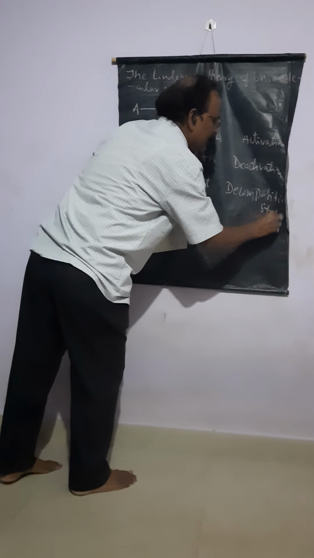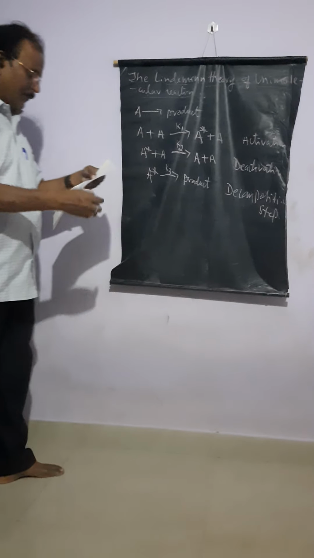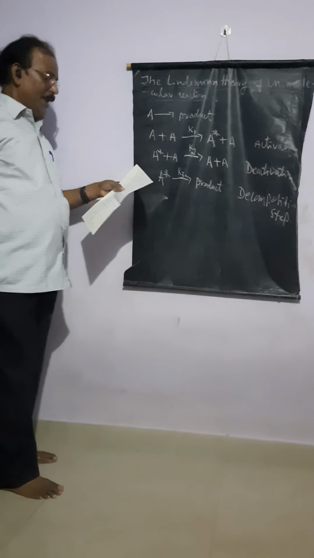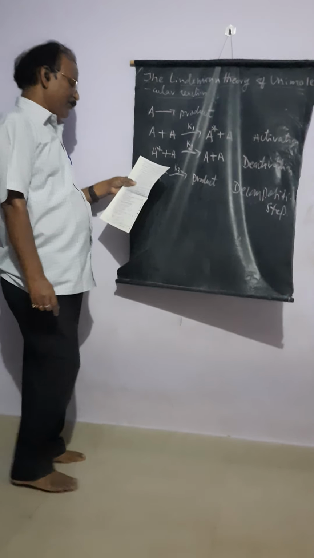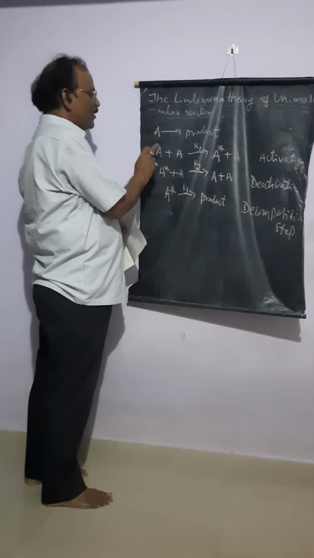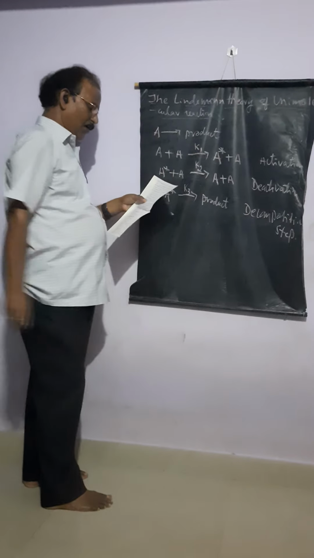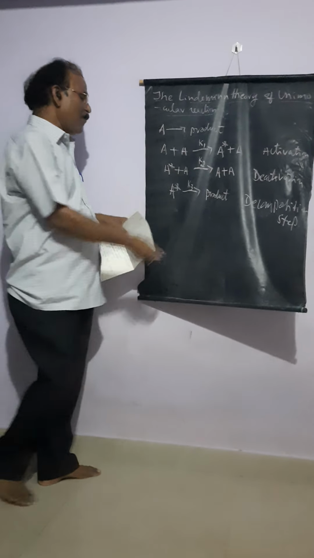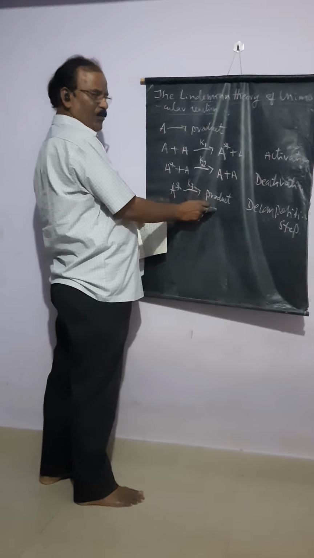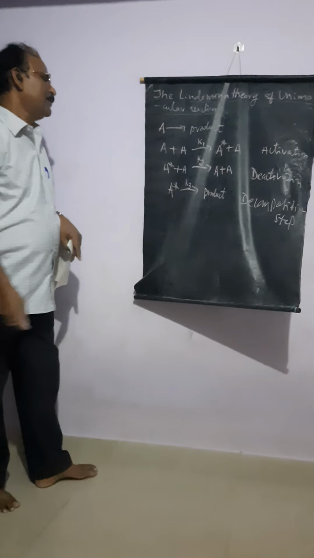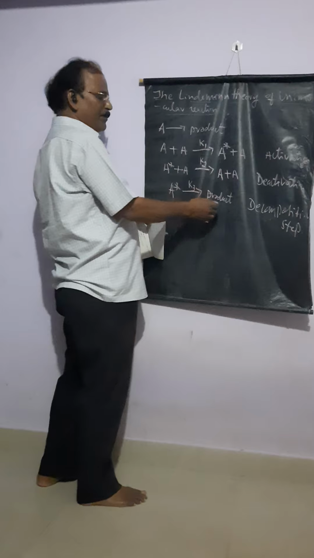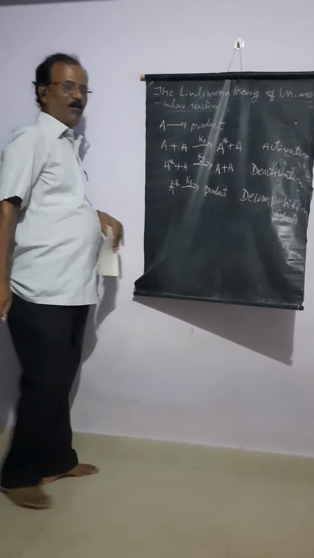In the Lindemann mechanism, a time lag exists between the energization of A to A star and the decomposition of A star to product. During this time lag, the A star can be converted into product.